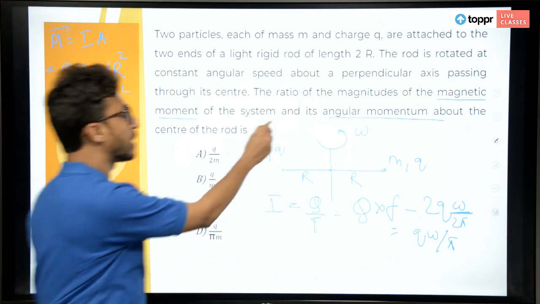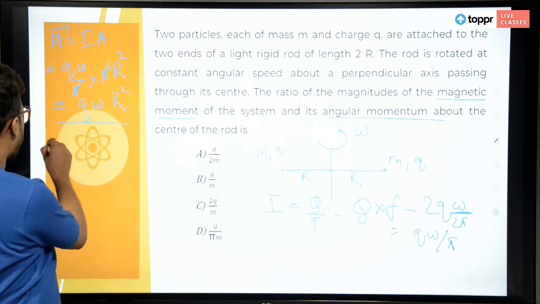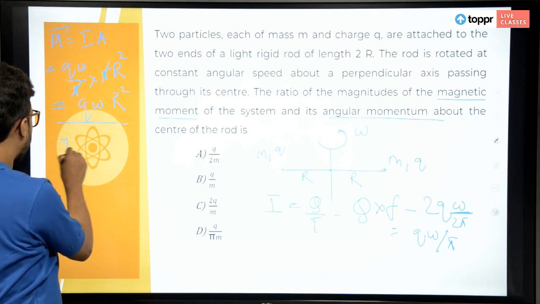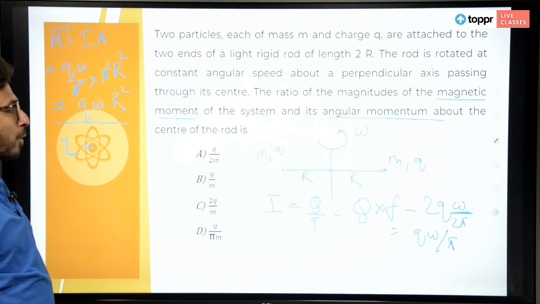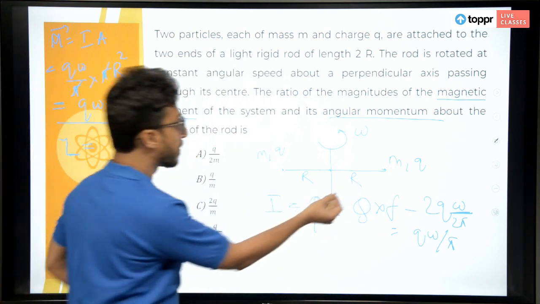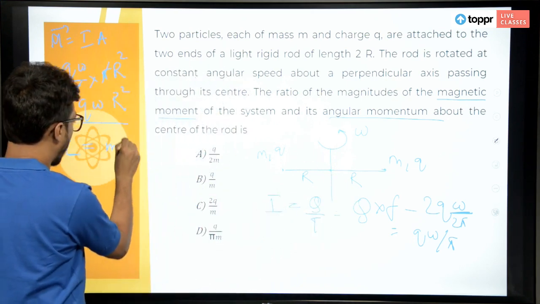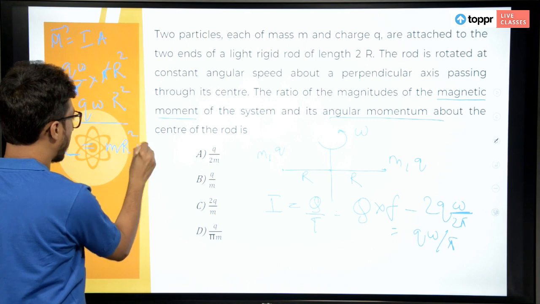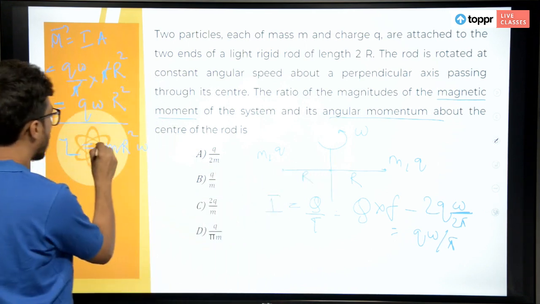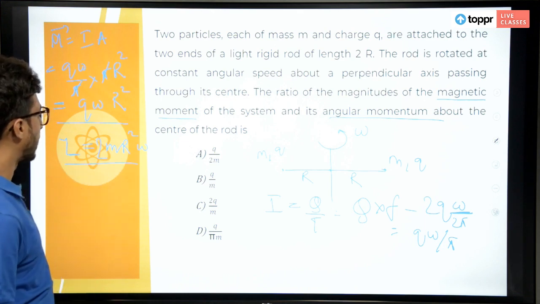And we have to find out its angular momentum. Now angular momentum L is nothing but the moment of inertia m r square into omega, and there are two particles, so 2m r square into omega. So this is the angular momentum.